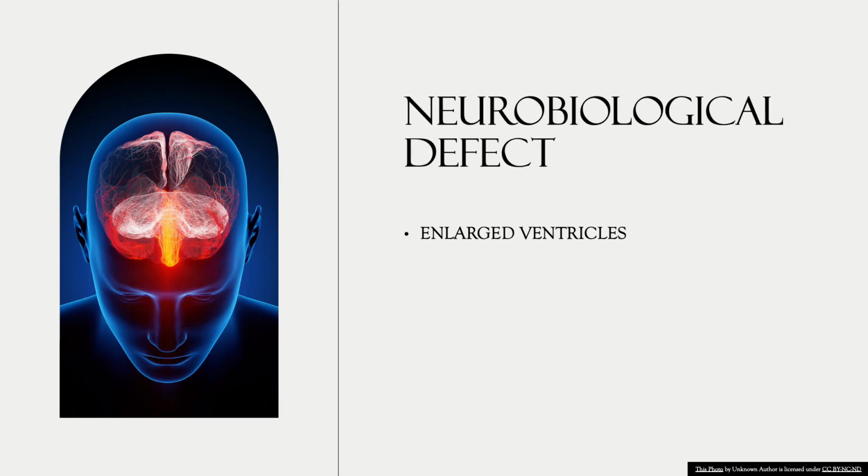Neurobiological defect. Several abnormal brain structures have been identified in people with schizophrenia: smaller frontal and temporal lobes, reduced symmetry in temporal, frontal, and occipital lobes, cortical atrophy, decreased cerebral blood flow, hippocampal and amygdala reduction, and enlarged ventricles.